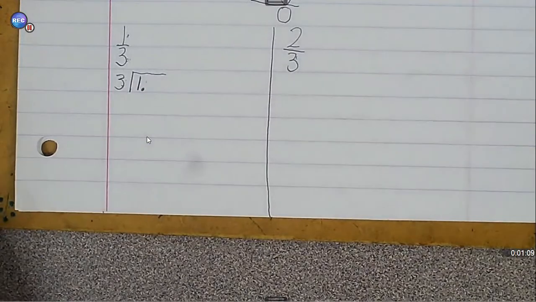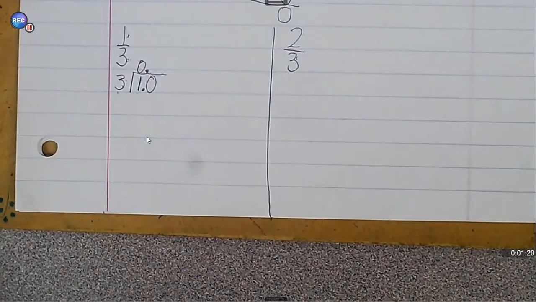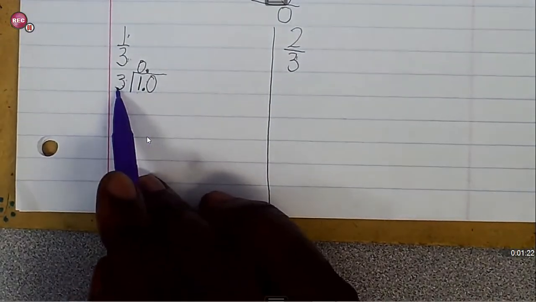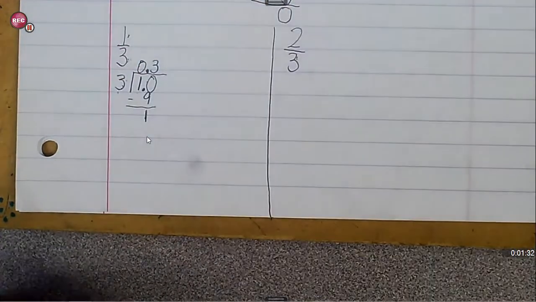Okay? So I know I can't divide 3 into 1, so I'm going to put 0 here, add a placeholder 0, and bring my decimal up. Now, of course, I can divide 3 into 10. If I multiply 3 times 3, that's going to give me 9. Subtract, I have 1.